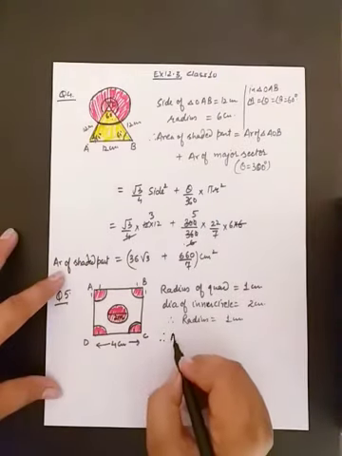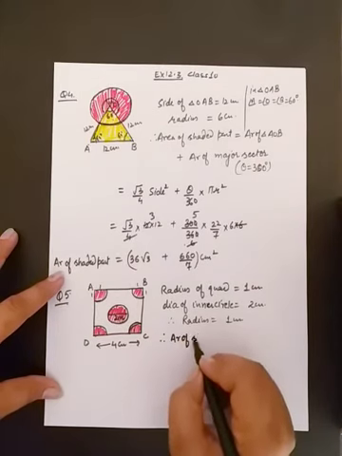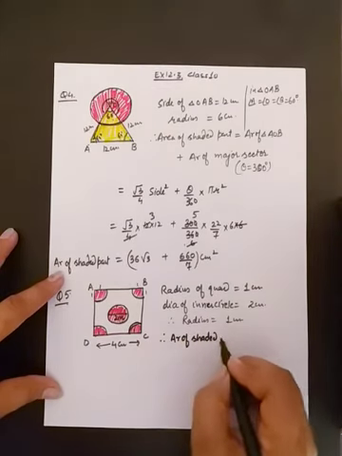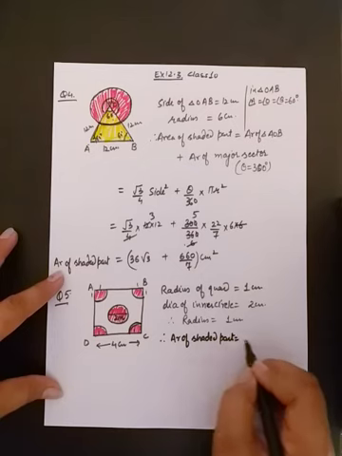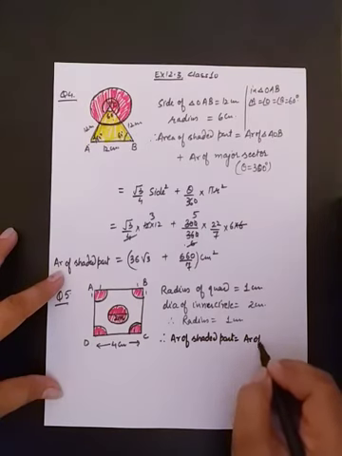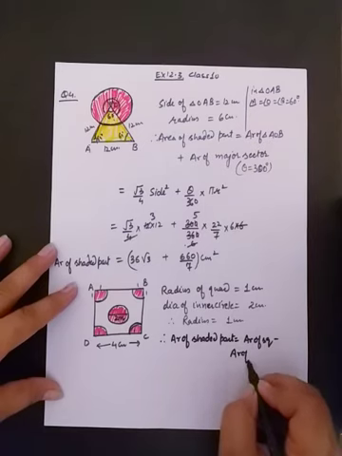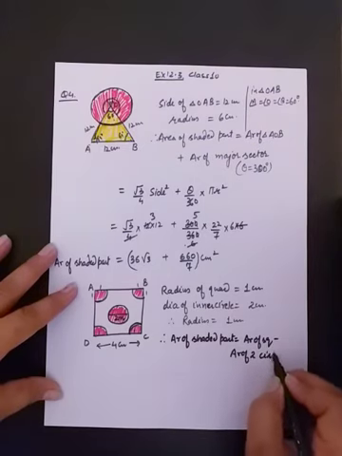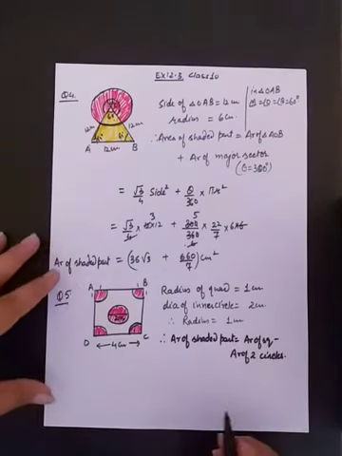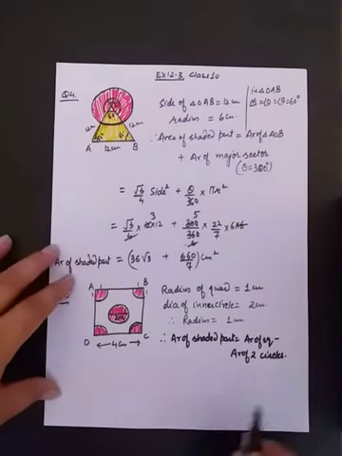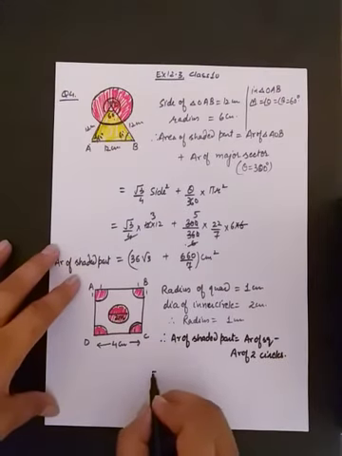So therefore the area of the shaded part is equal to the area of the square minus the area of 2 circles. As the circles are of the same radii, we can directly subtract their area.